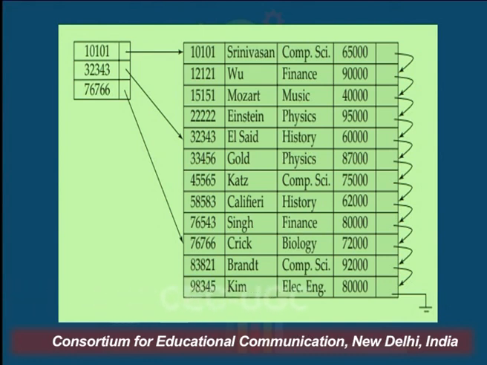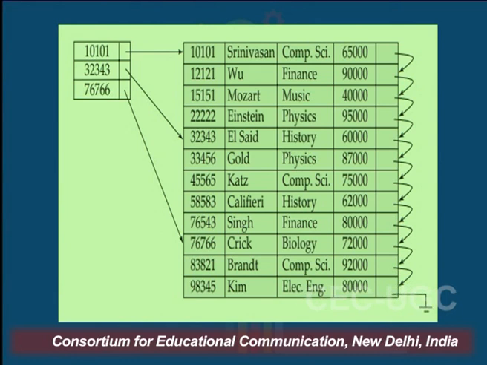That means the previous link of 10101 is to be followed, and then the other entries stored after that particular record of 10101 need to be looked at. So 10101 is not satisfied, that means we are not looking for this. The next one, 12121, we are not looking for this. Then 15151, yes, we are looking for this.